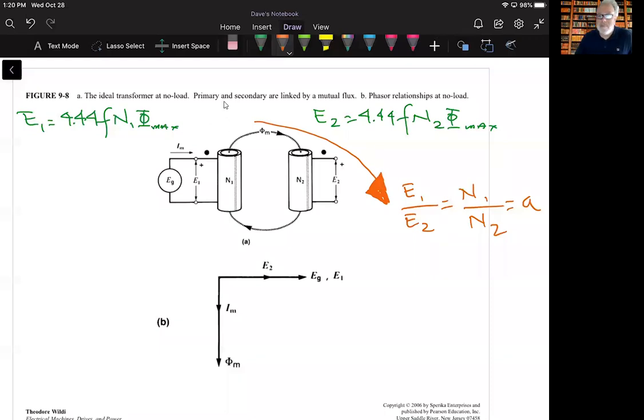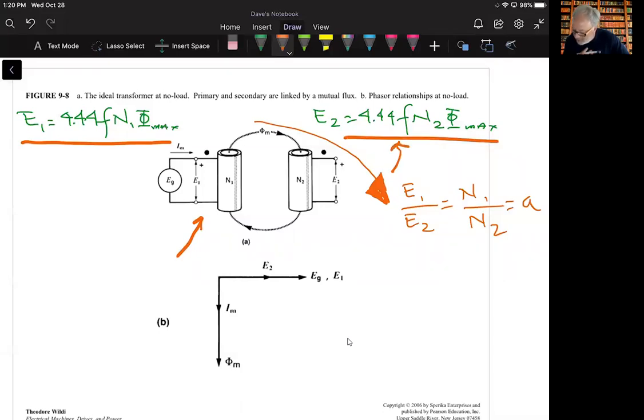I went ahead and got ahead of this a little bit and wrote the two equations that allow us to use equation 9.1. 9.1 described an induced voltage from a source connected to a coil. We explored all that. So this is showing 9.1 in relation to the primary side, and this is showing equation 9.1 in relation to the secondary side.